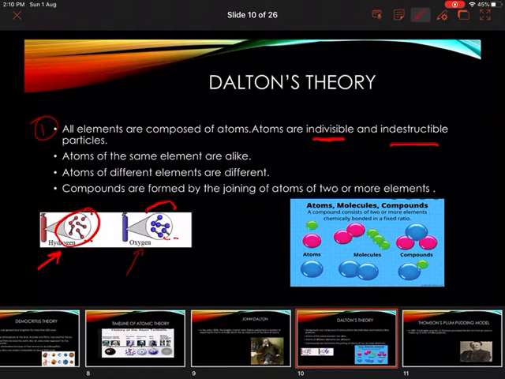But atoms of oxygen differ from the atoms of hydrogen, though each element has its own similar atoms. And then he mentioned also that compounds are formed by the joining of atoms of two or more elements. So two or more elements join together to form compounds.